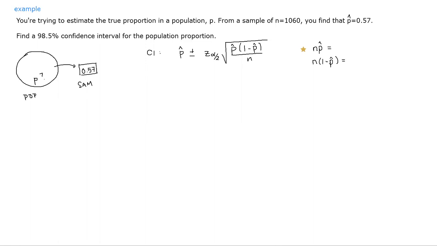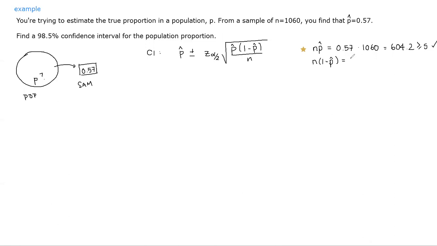So we're just going to check that by plugging in n and p hat into our expressions over here. So we're going to have 0.57 times 1060, which is equal to 604.2. And this is larger than 5, so we can check that part.